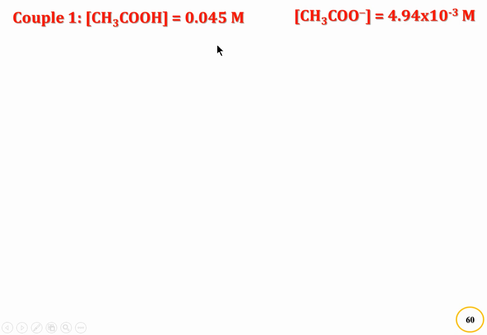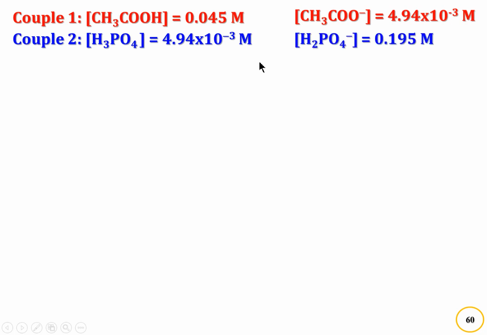So in the new balance of species in the solution, we have acetic acid 0.045 and acetate 4.94 times 10 to the power minus 3 molar. So this is couple 1. And we have H3PO4 equal to 4.94 times 10 to the power minus 3 and H2PO4 minus equal to 0.195.